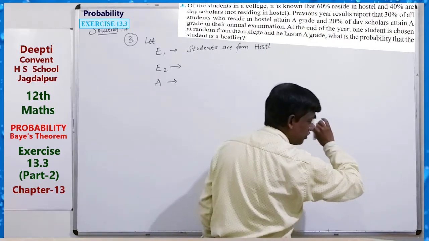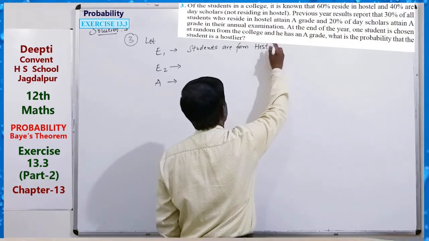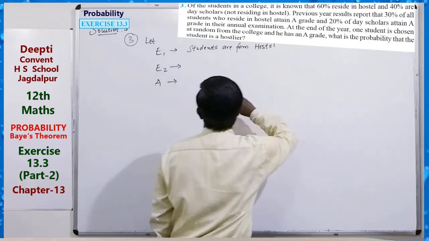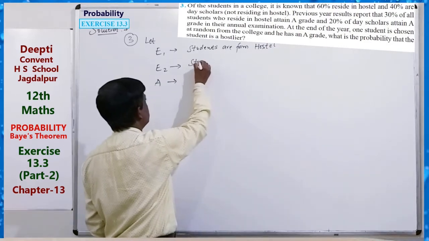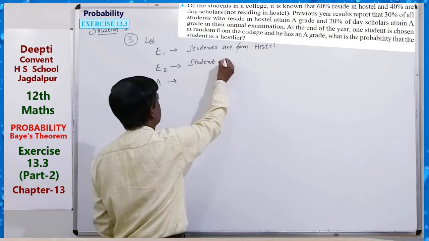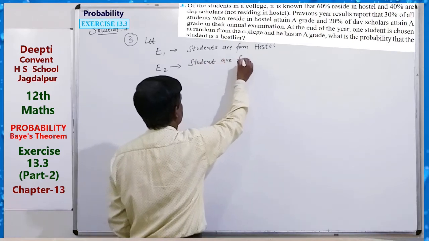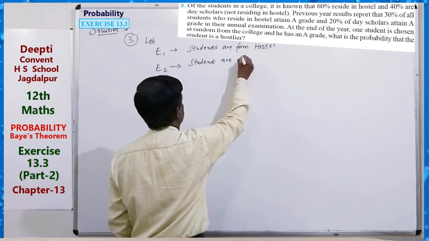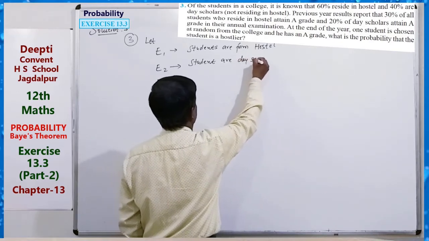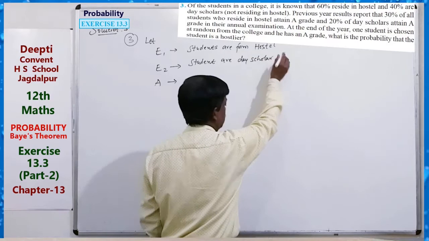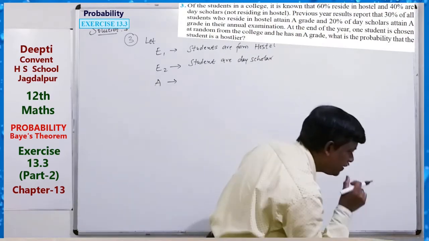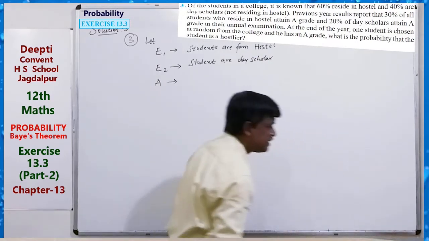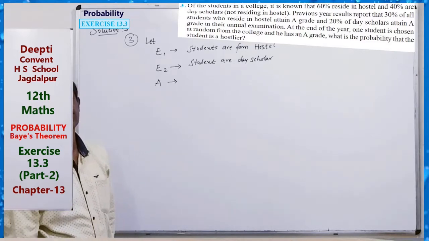E2 means students are day scholars, or not residing in hostel.